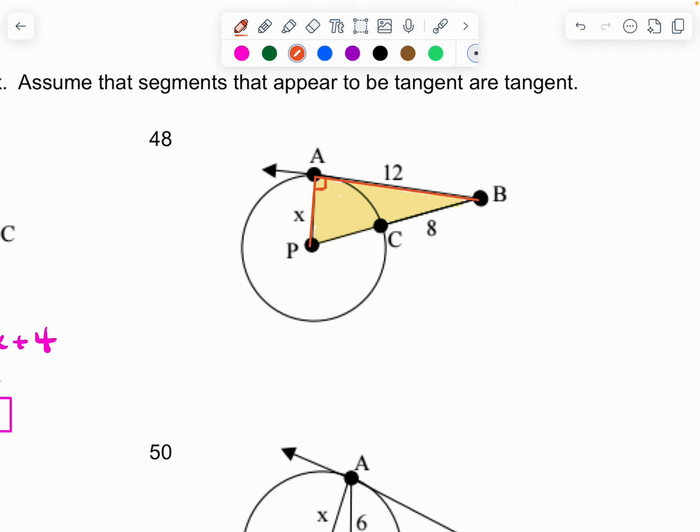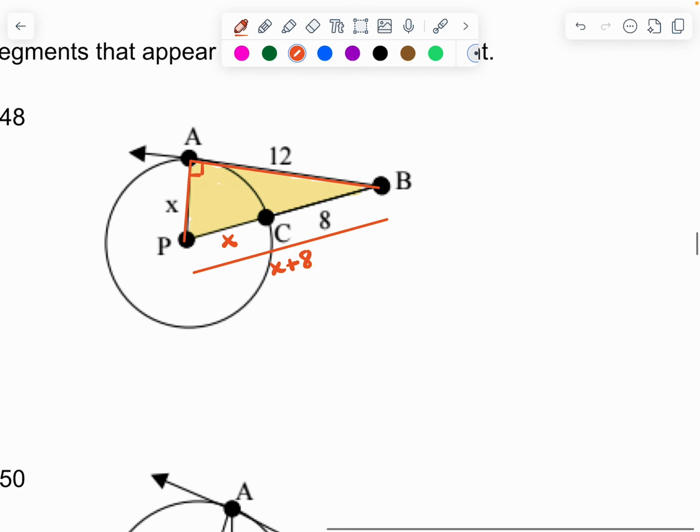This is a Pythagorean theorem problem. And then I need to recognize that if this radius is x, then this radius is x. So I'm going to label that accordingly, which then tells me that this entire hypotenuse is the expression x plus 8. And now I can do Pythagorean theorem.